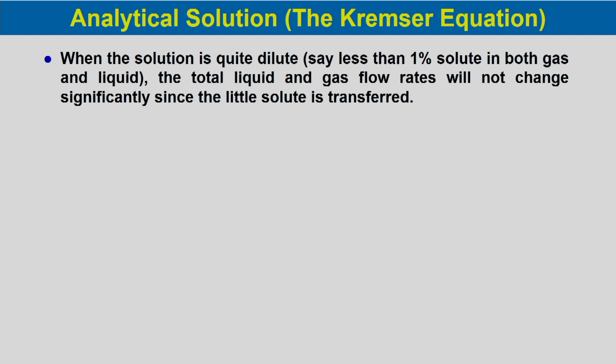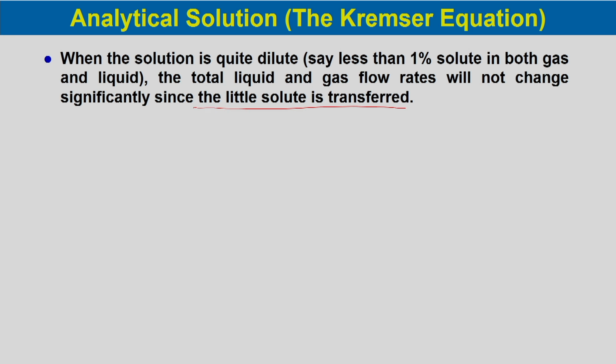When the solution is quite dilute, say less than 1% solute in both gas and liquid, the total liquid and gas flow rates will not change significantly, since little solute is transferred. This I have already explained.